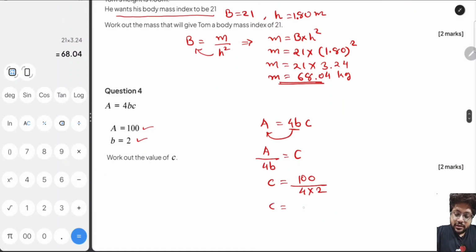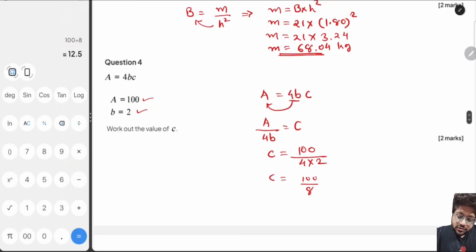So C is equal to 100 upon 8. You can write it in fraction also, but just make it a simplified fraction. It is 12.5 in decimal, or if you want to write it as a fraction, it is 25 by 2.